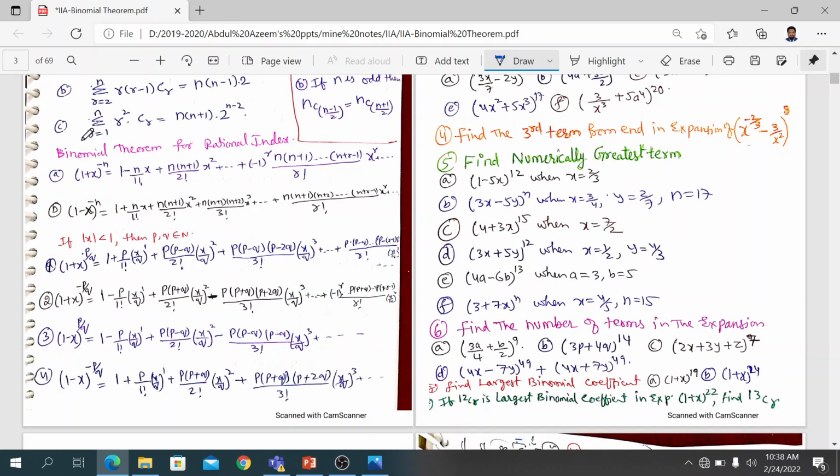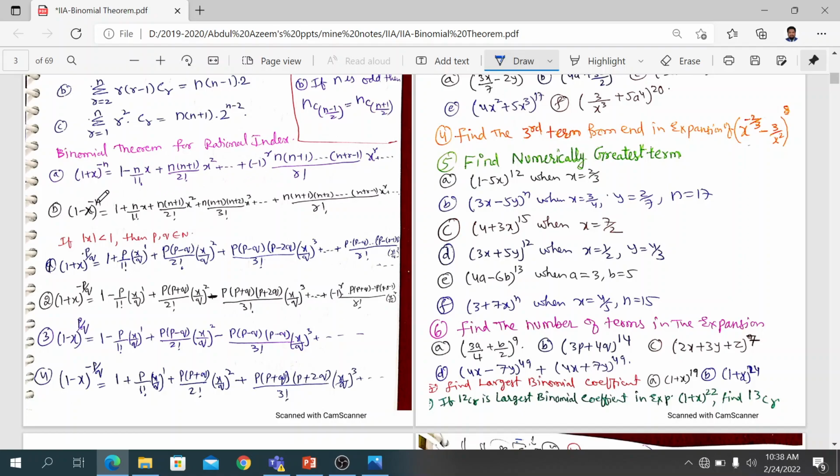Next, some binomial theorem for rational index. You must remember this. 1 plus x power of minus n: when plus is there, alternate plus or minus; if minus is there, all plus. So 1 plus x power of minus n is equal to 1 minus n by 1 factorial x plus n into n plus 1 by 2 factorial x square plus up to minus 1 power of r, n into n plus 1 up to n plus r minus 1 by r factorial x power of r.